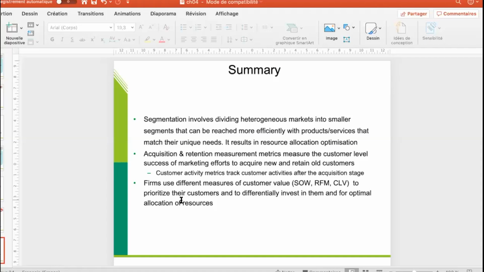So, for example, share of wallet, RFM, customer value, customer duration. All this can be used and should be used to measure customer value, to prioritize customers, and to differentially invest in them for optimal resource allocation.